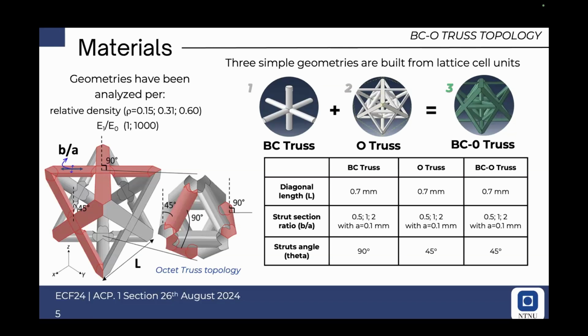So it depends on the cubic size of the topology, on the section of the strut, and on the relative density of the whole design. In our study, we evaluated three different strut section ratios, one circular, so B over A equal to 1, and two of ellipse shape. And at the end, the BCO was evaluated for three different relative densities.